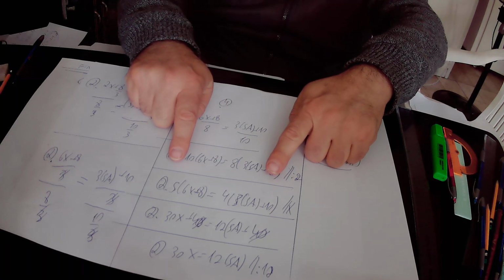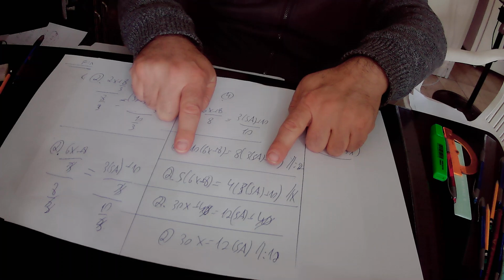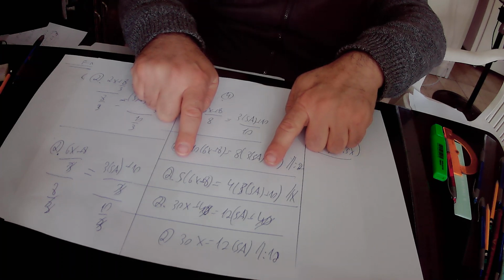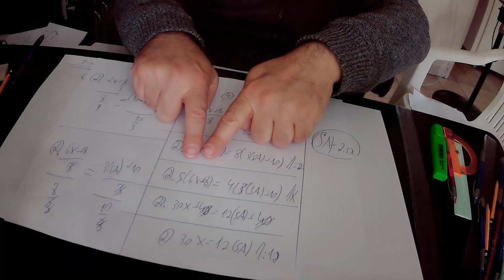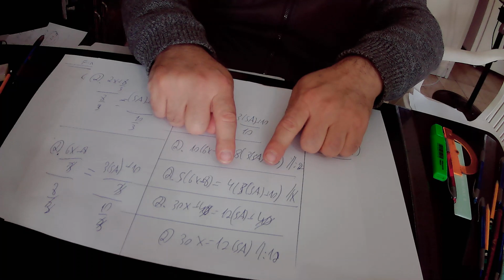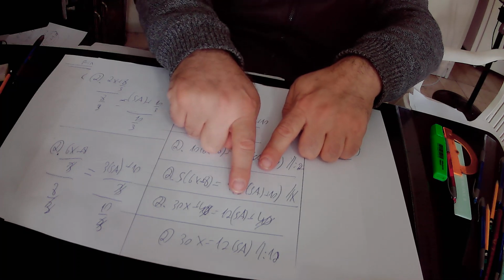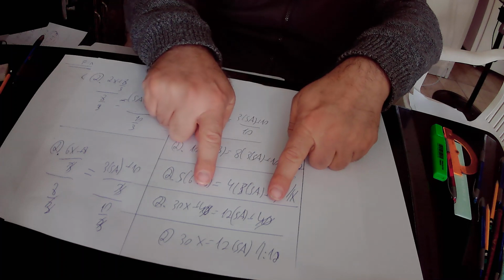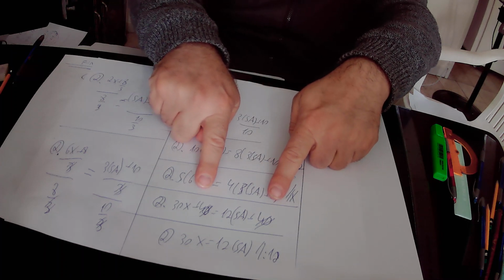Here we open the brackets on both sides of this equation 2, and found out that 5 times 6x is 30x, plus 5 times 8 is 40, that's equal to 4 times 3SA is 12SA, plus 4 times 10 is 40. So here we have 40 on both sides of the equation, so 40 gets cancelled.